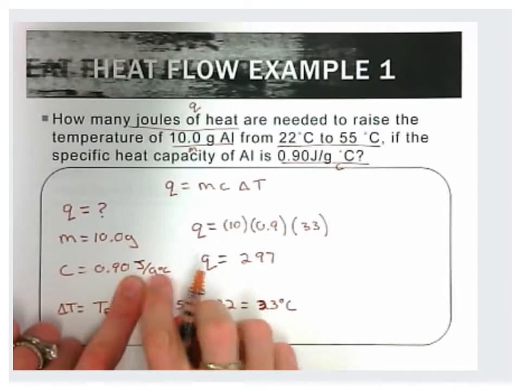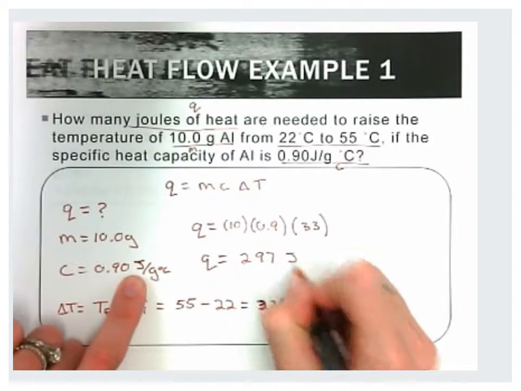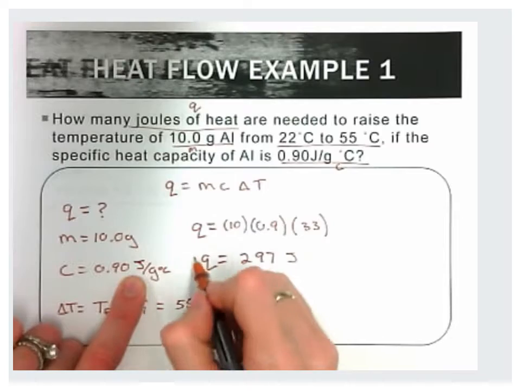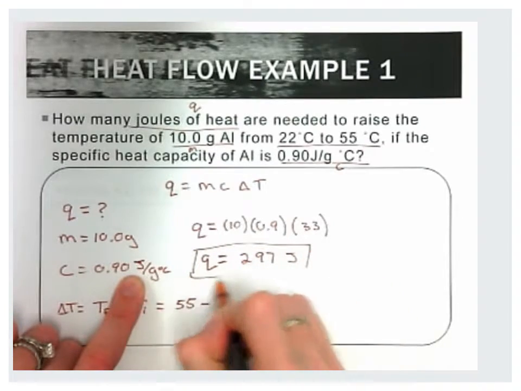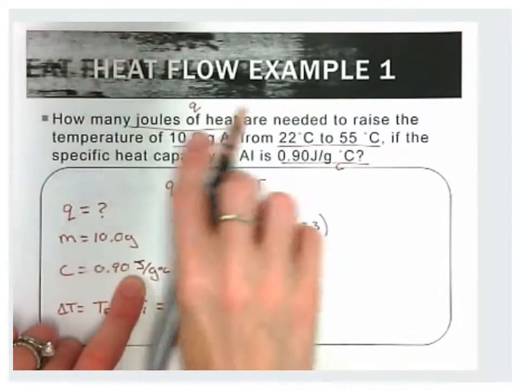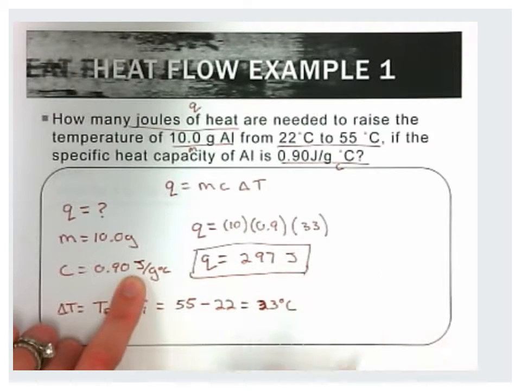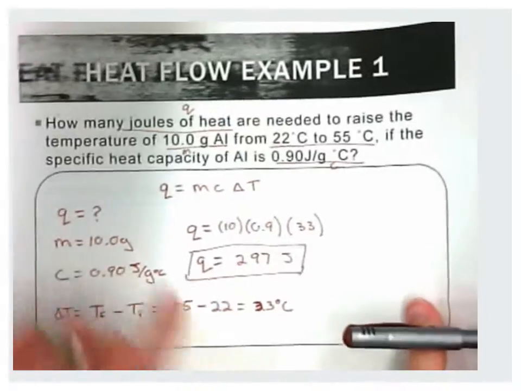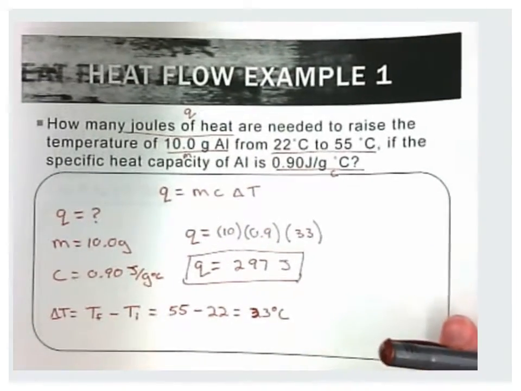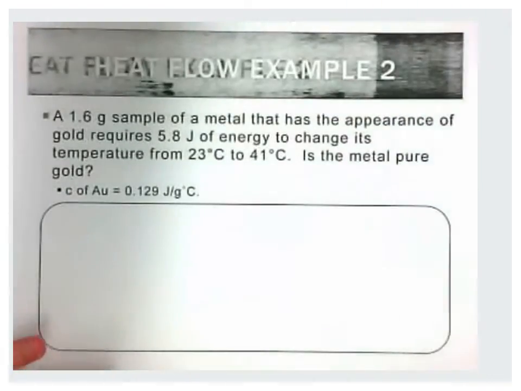So here it's in joules, so my units are joules. My answer to the question, how many joules of heat, is 297 joules. Okay, let's look at another type of question that might be asked.